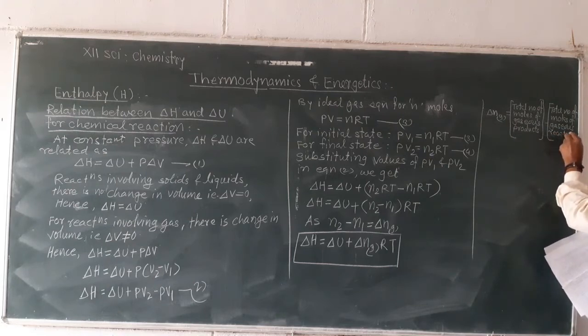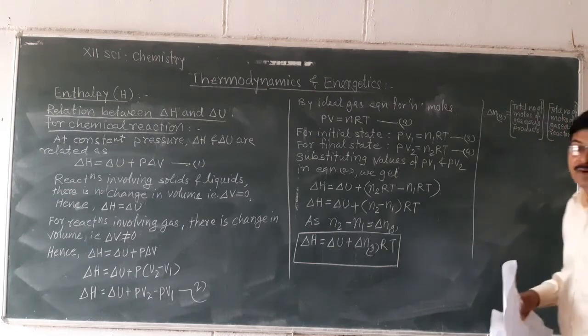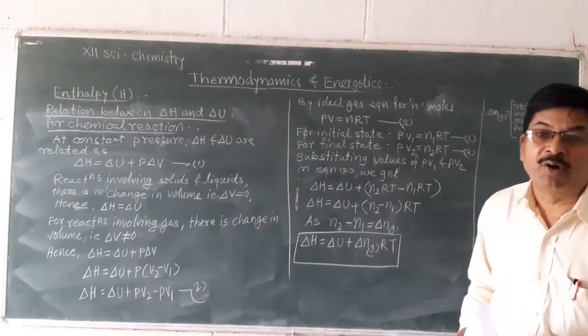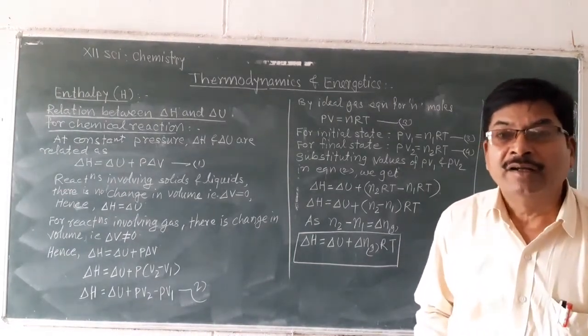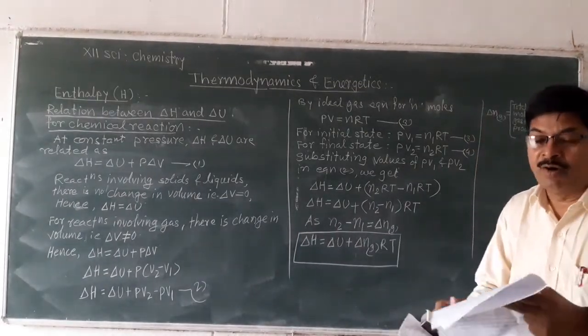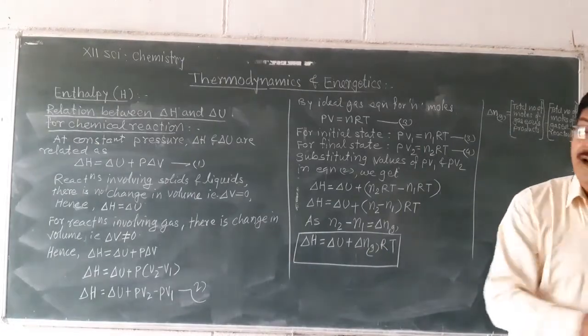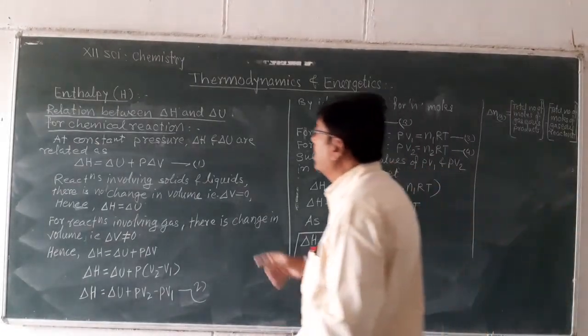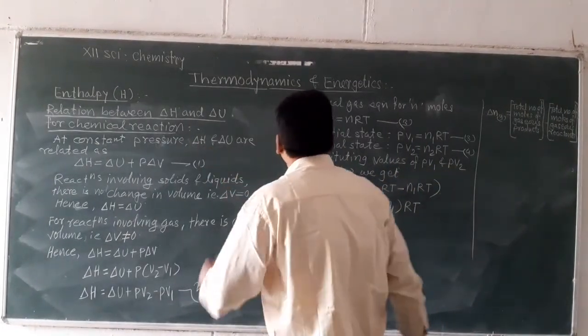This formula is very important. Using this formula, you can calculate the change in number of moles for the given balanced thermochemical reaction. This is about the relationship between delta H and delta U for a chemical reaction.